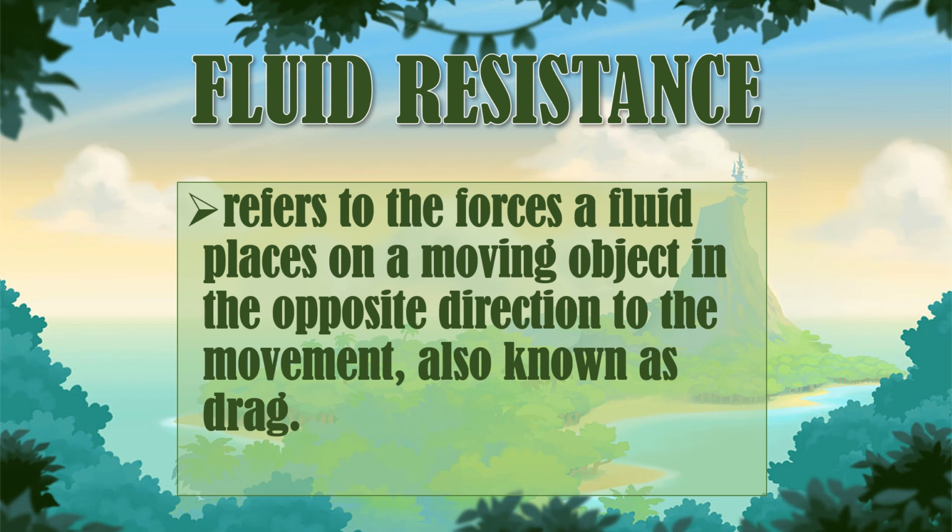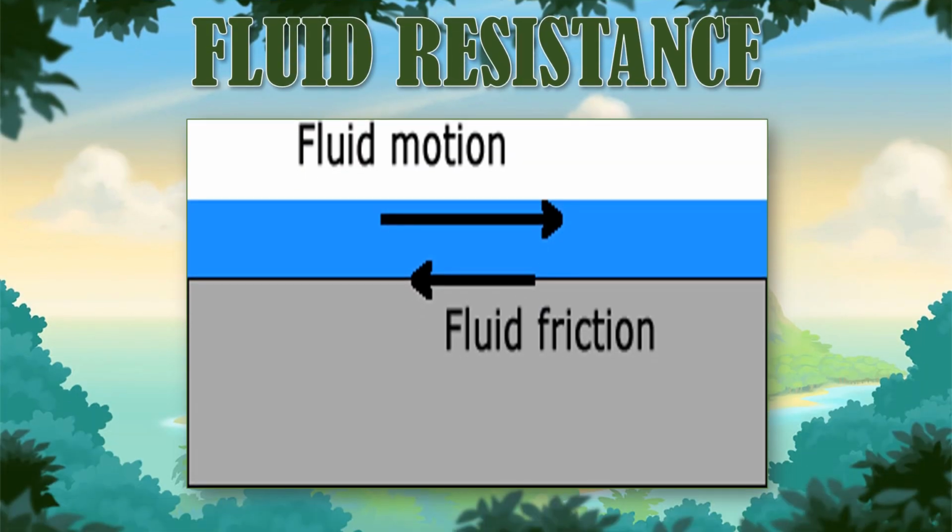Fluid resistance refers to the forces a fluid places on a moving object in the opposite direction to the movement, also known as drag. Drag is the force created by fluid to resist the motion of an object moving through it.